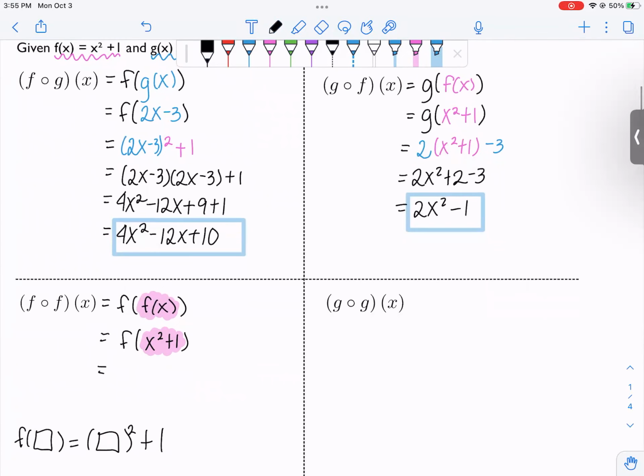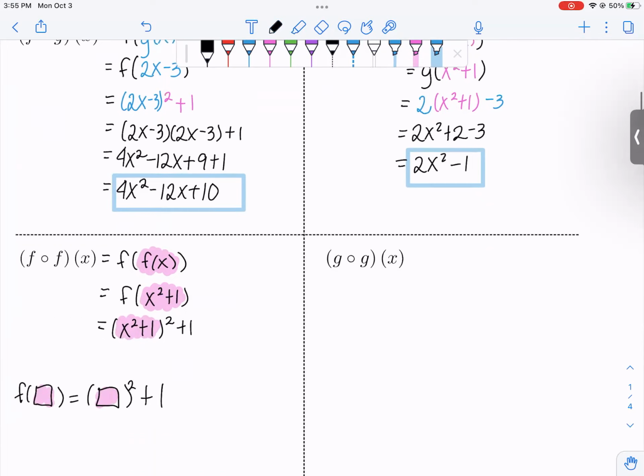So this is going to be x squared plus 1 squared, right? This is being plugged into this box here, plus 1.